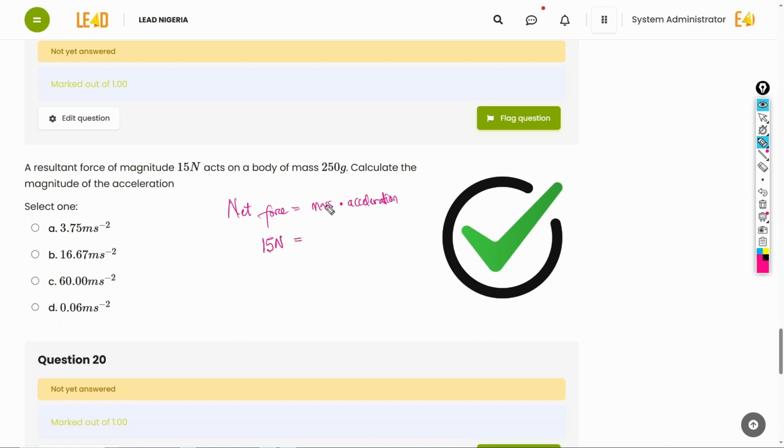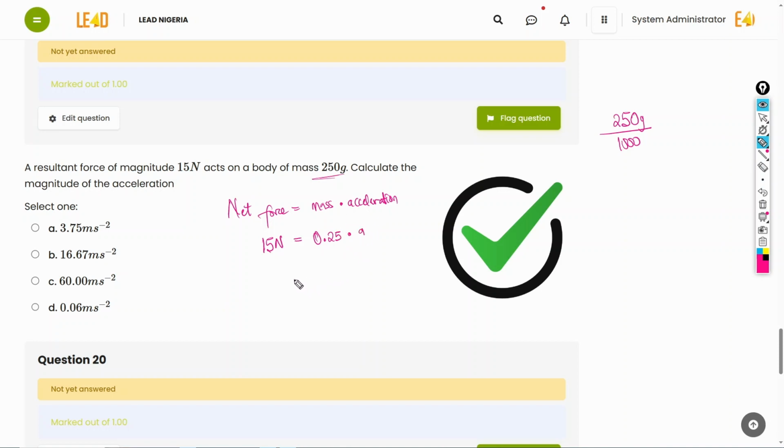My mass is 250 grams. Hold up, the unit should be kg, so we have to divide by 1,000 to get it to kg. That would be 0.25 kg.